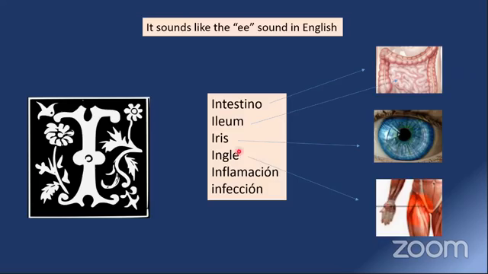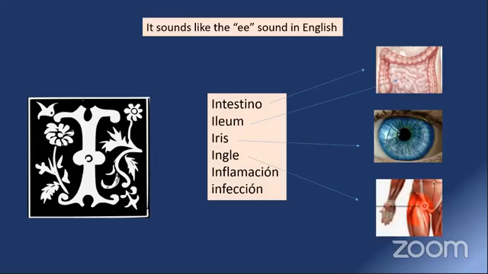Iris. Ingle is that part here, just the groin area. Ingle. Me duele la ingle. Me duele la ingle. Oh, maybe you are having a hernia. Ingle, hernia.